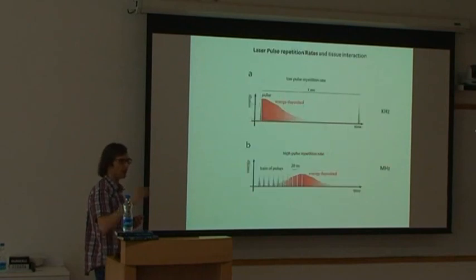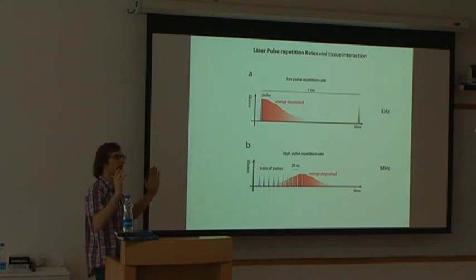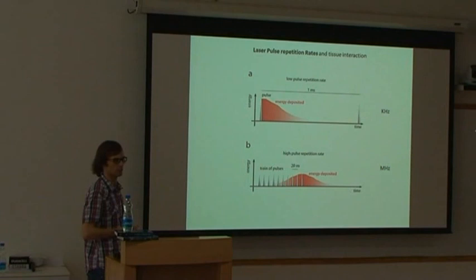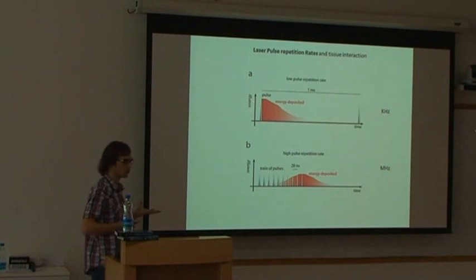So the other parameter I talked about, if you remember, is the repetition rate. That is, in unit time, how many pulses the laser is sending. This is an example where the laser is sending kilohertz pulses. After a pulse is sent, there is some energy deposited that will produce the ablation, but also some thermal effects.